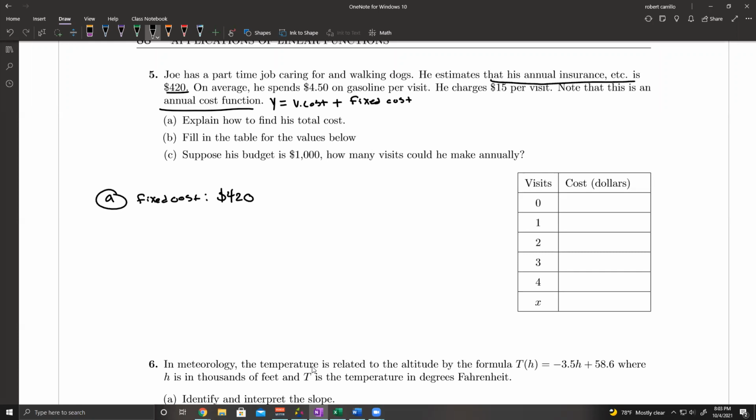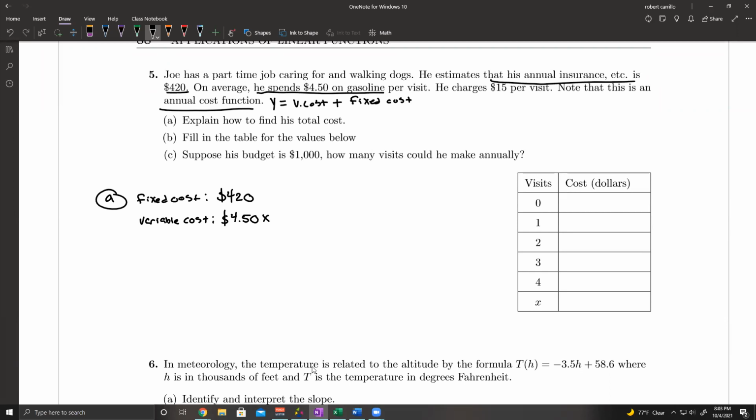Good, because in order to go walk the dogs, he spends $4.50 on gasoline per visit. So our variable cost is going to be $4.50 X, where X represents every visit.